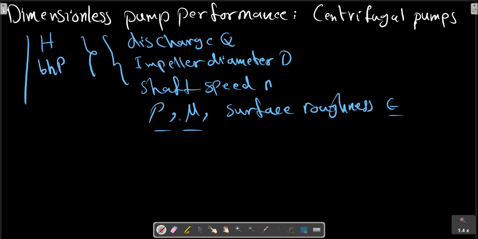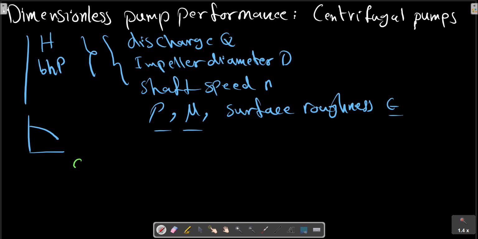The performance curve of the pump, for example this type of diagram, is equivalent to the following assumed functional relation.